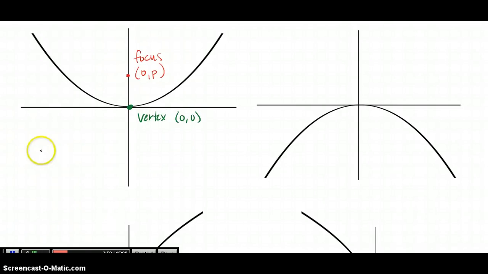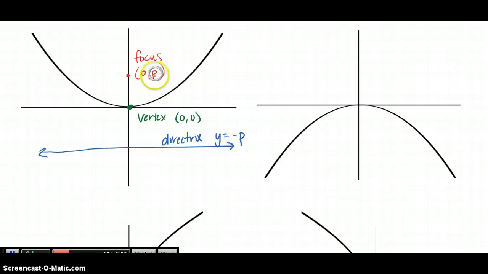And we have a directrix, a line opposite the focus that's equal distance, and this is at y equals negative p. So whatever this number is, we just make it negative, and that's the directrix. And the equation for this parabola is going to be x squared equals 4py, and p is greater than 0.